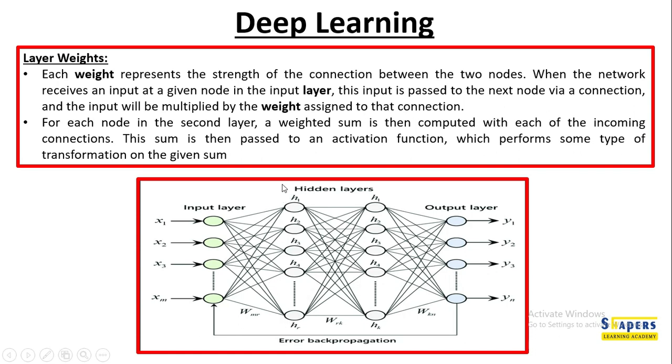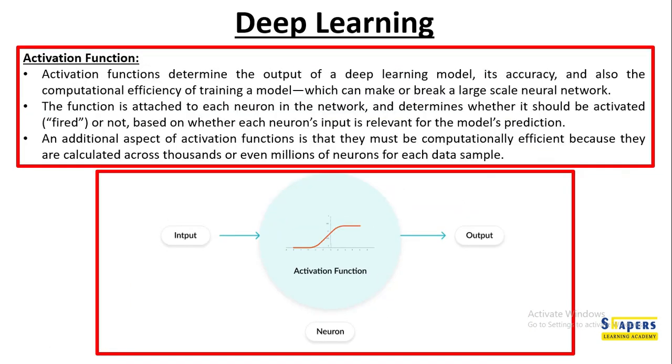The activation function determines which neurons in this layer need to be fired to produce an output, and that sequence of firing depends upon the prediction or the complexity of the problem this particular network is handling. The function is attached to each neuron in the network and determines whether it should be activated or not based on the neuron's input and the model's prediction.